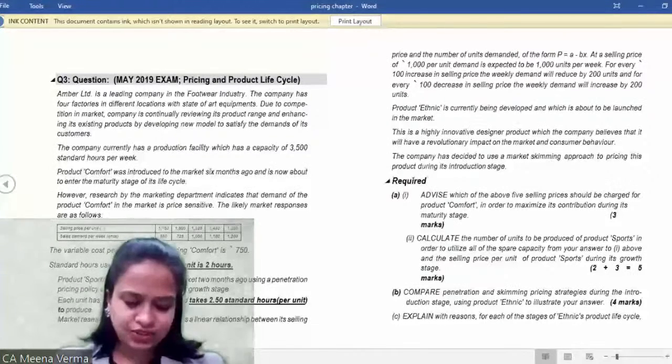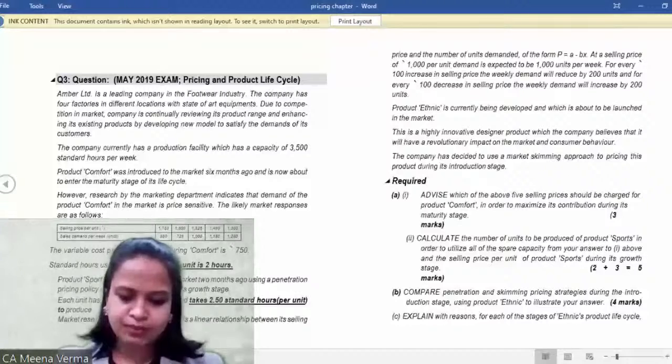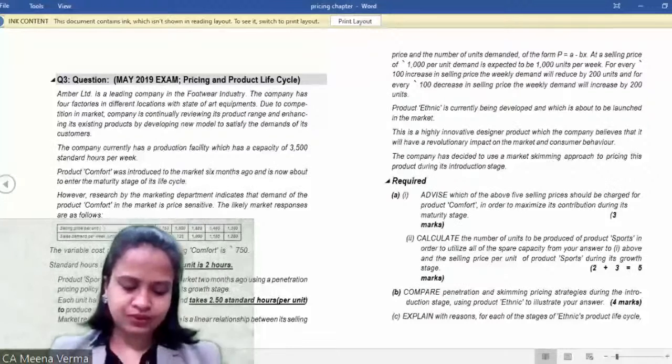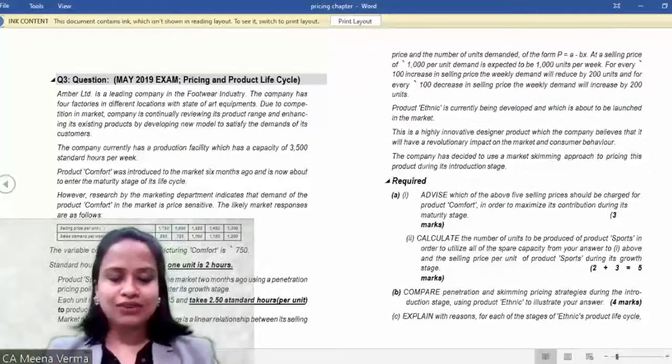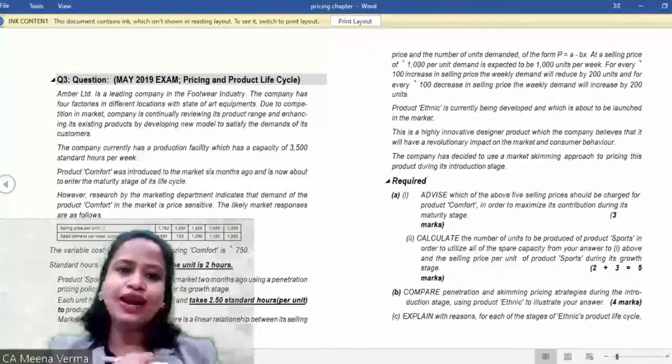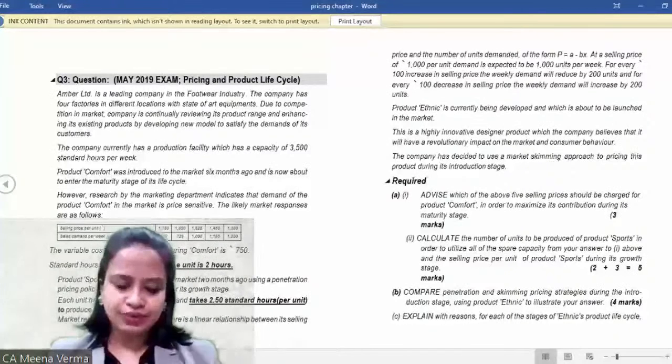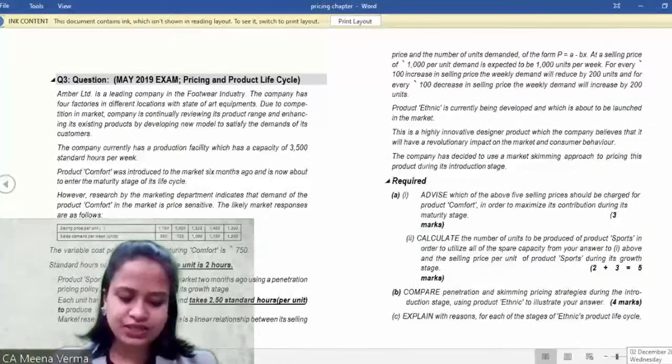Can you do this question on your own? First, I want all of you to read this question on your own. Then we will discuss it. Shall we discuss? Quickly tell me yes or no.